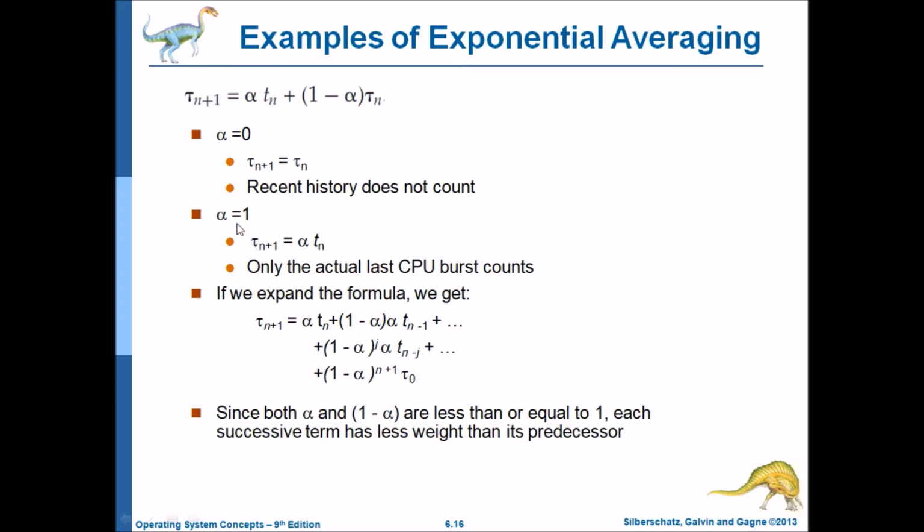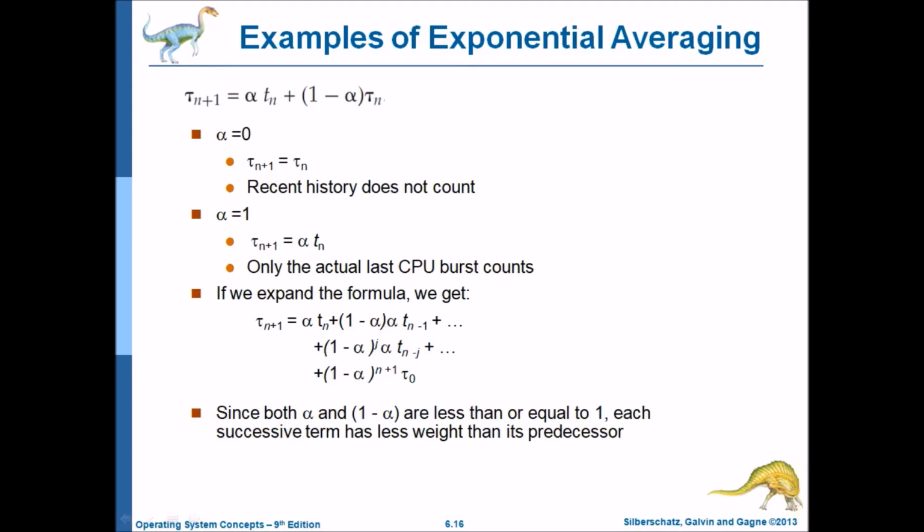When alpha is set to 1, the prediction would be equal to alpha of t of n, meaning the past history of predictions will be ignored and it assumes that the next burst will be the same length as the last burst. So only the actual last bursts count.